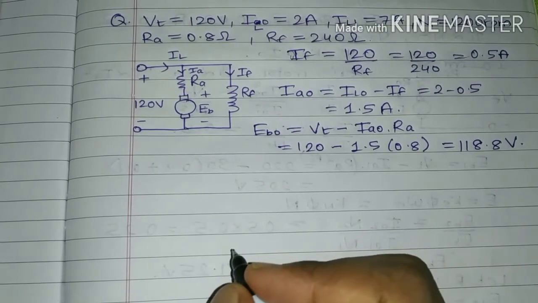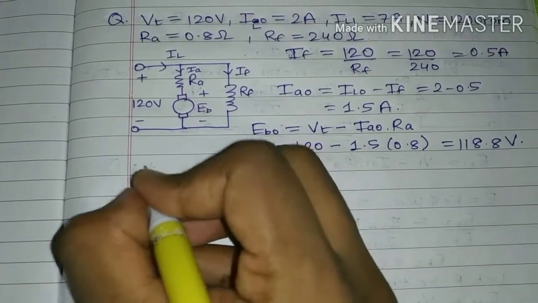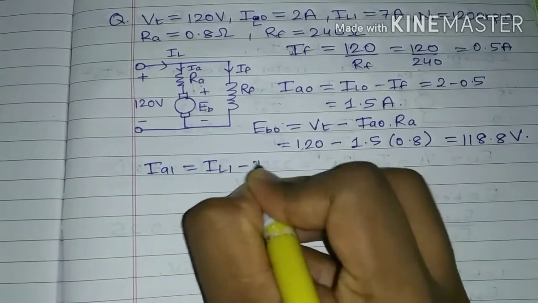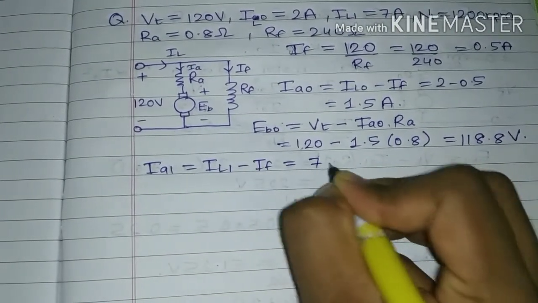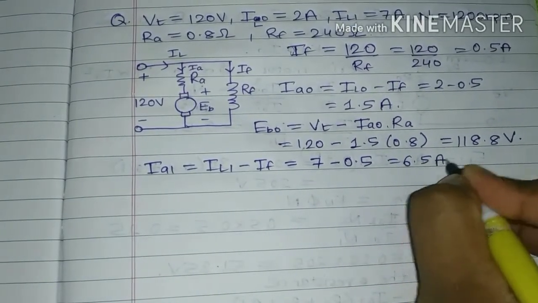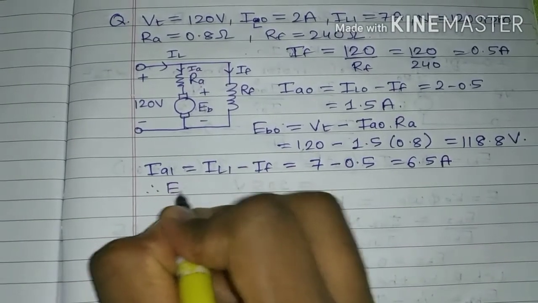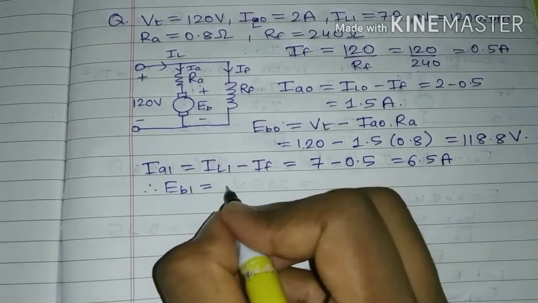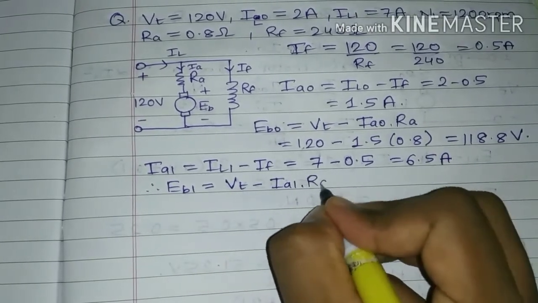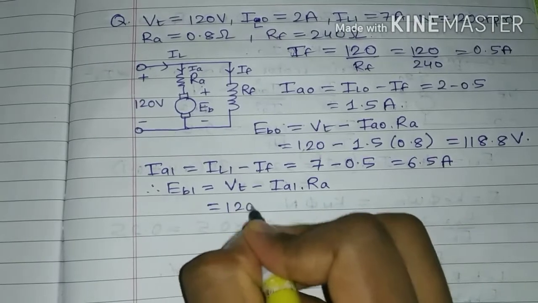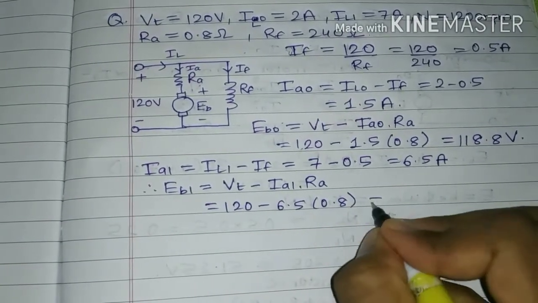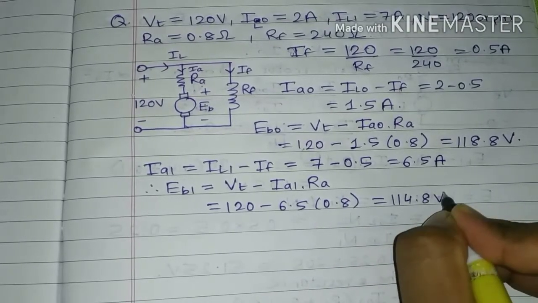Now, the armature current at full load can be given by Ia1 is equal to IL1 minus IF, which is equal to 7 minus 0.5, which is 6.5 ampere. Hence, EB1 will be equal to Vt minus Ia1 into Ra, which is equal to 120 minus 6.5 into 0.8, which turns out to be 114.8 volts.